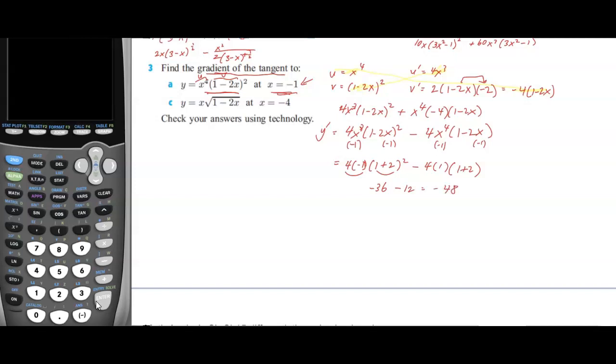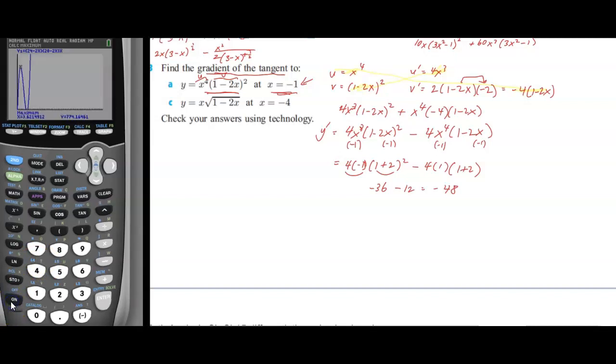Let's check on the calculator to see if that's really true. The calculator can do derivatives at certain points. So I'm just going to type the function, not the derivative, but the function itself into the calculator. And then I'm going to use the second calc derivative function. Let me just type it in offline. Okay, I typed in x to the fourth, parentheses 1 minus 2x quantity squared, and then I'm going to graph it.